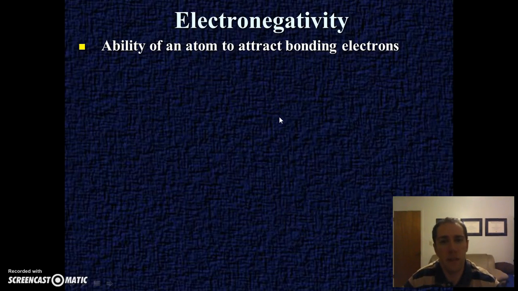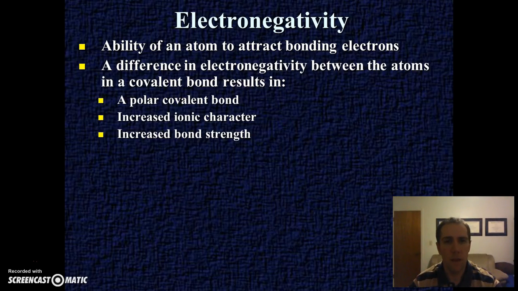So here is that electronegativity. Electronegativity is how strong an atom is able to hold an electron. It's how attracted it is to that electron, how close it wants to keep it to itself.